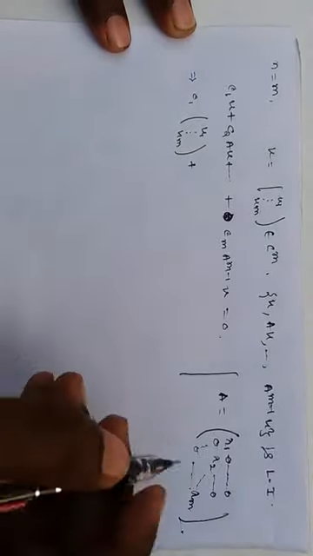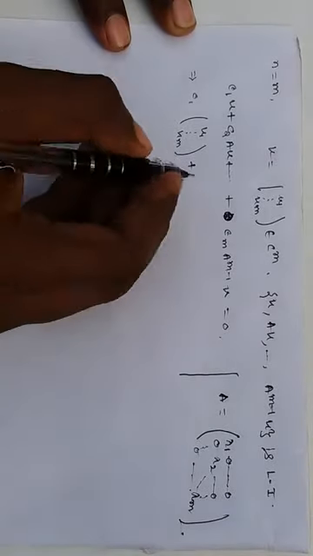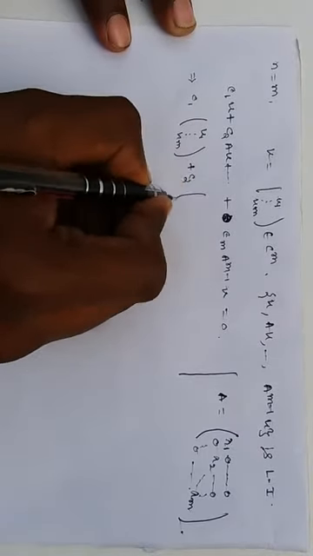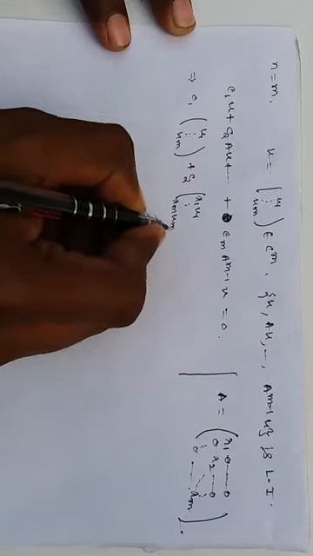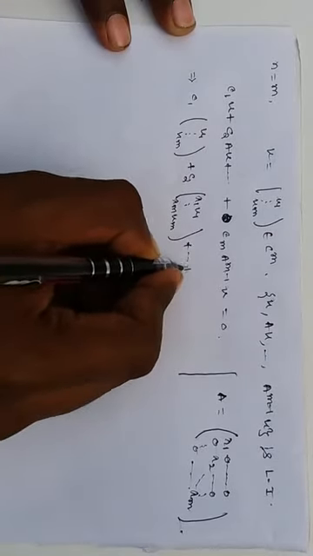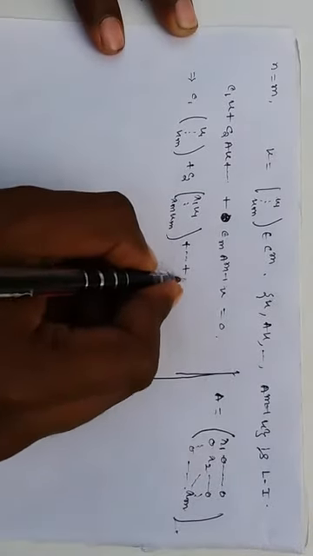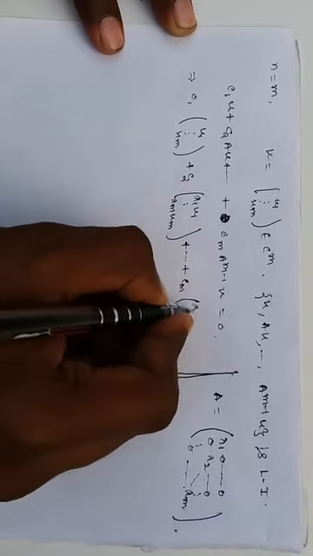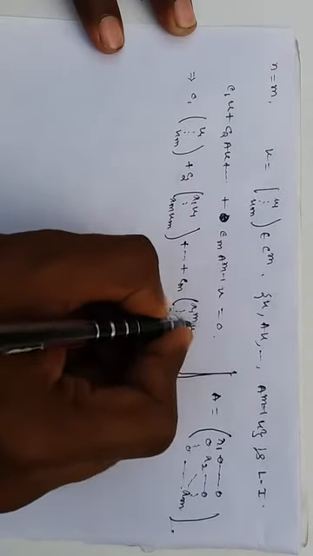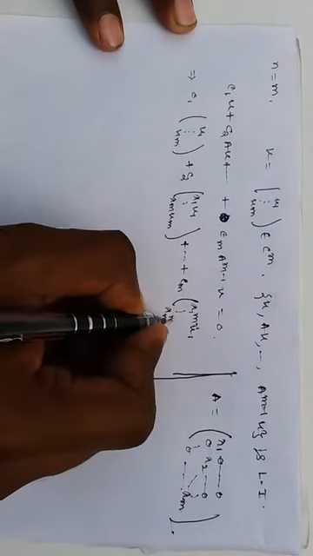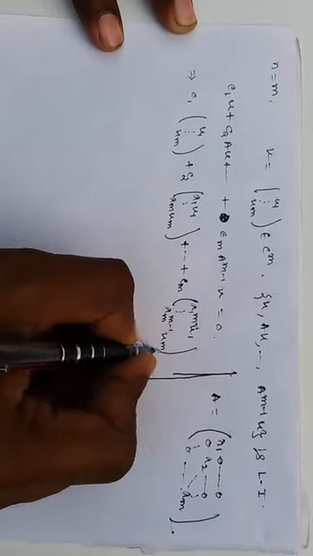So in that case C2 (lambda 1 U1, ..., lambda m Um) and Cm (lambda 1 to the power m minus 1 U1, ..., lambda m to the power m minus 1 Um) and this is 0.